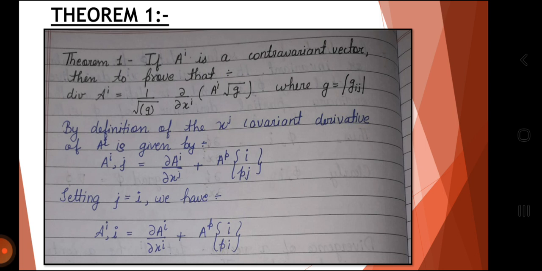By definition of the xj covariant derivative of A^i, it is given by A^i,j equals del A^i upon del xj plus A^p in the bracket ipj.